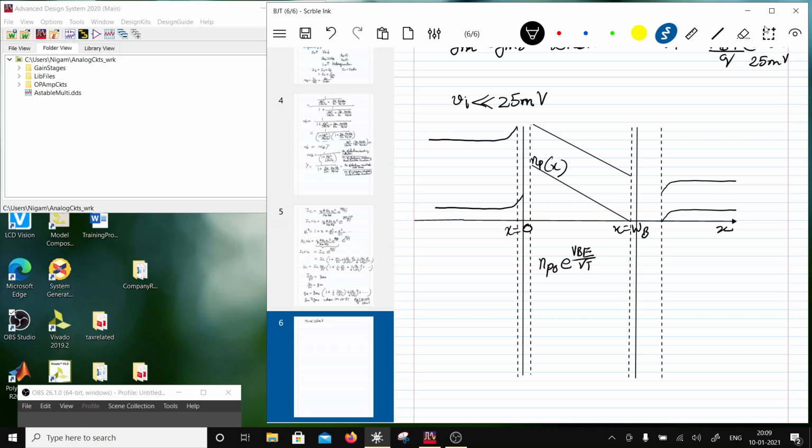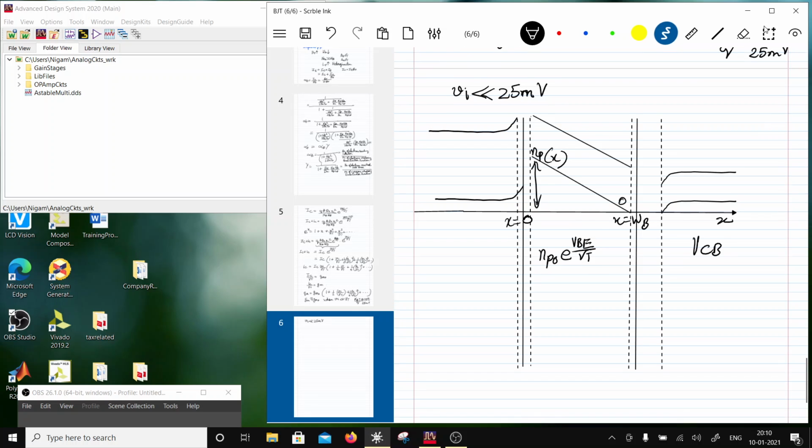So that's basically this height, right? And over here it is 0, and this is because of VCB, okay? So VCB being a large negative number causes the density to be 0.